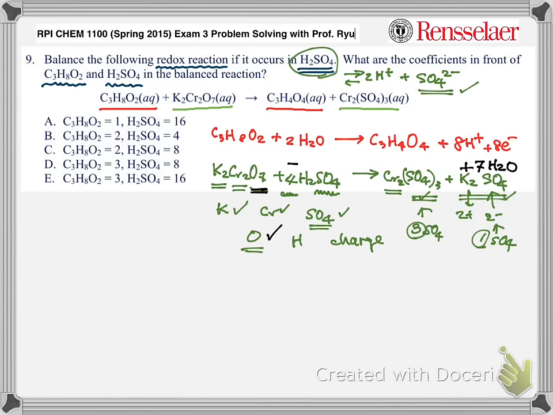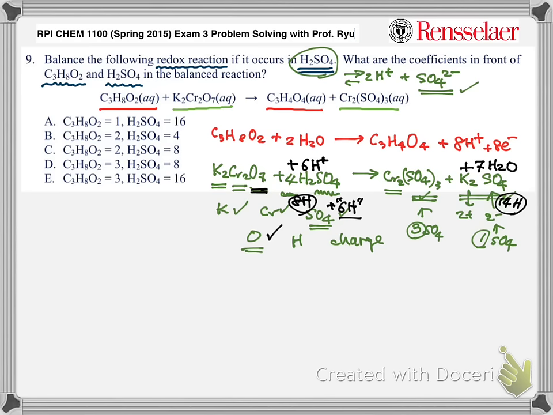So oxygen is done. What about the hydrogen now? I have 8 hydrogen here, and I have 14 hydrogen here, right? To balance this one out, I need 6 hydrogens on this side, so therefore 6H plus.